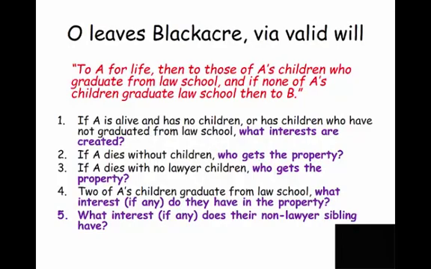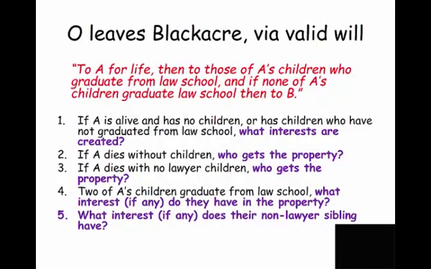As A's children graduate from law school, their remainder vests subject to open. B's contingent remainder is destroyed, and the non-lawyer siblings still have a contingent remainder. If A never has children, or has children who die without having graduated from law school, B's contingent remainder will vest. This is how to do it, writing a will with alternative contingent remainders.